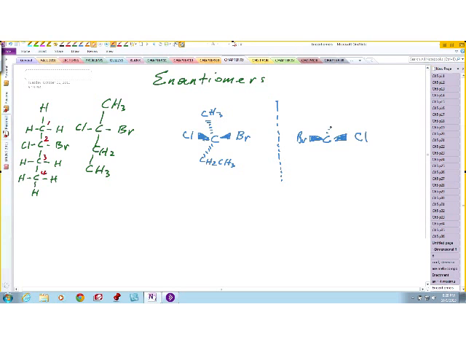Chlorine here. Methyl there. Ethyl there. These two molecules here are mirror images.